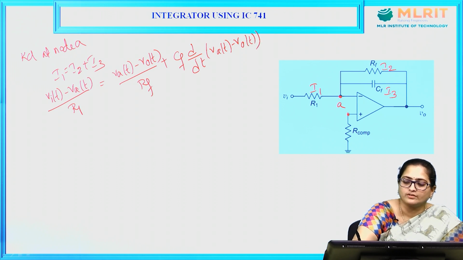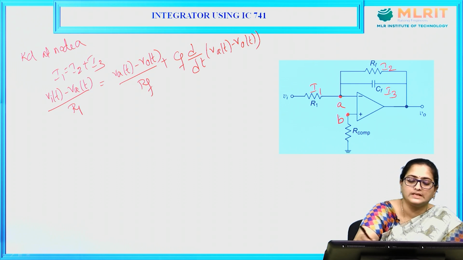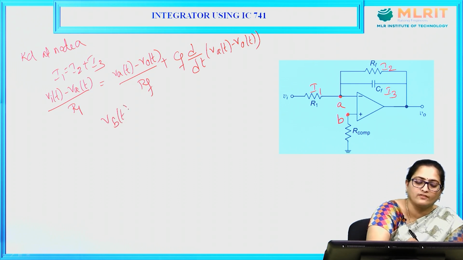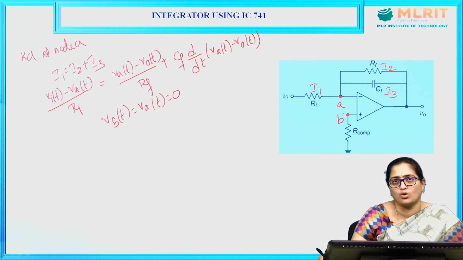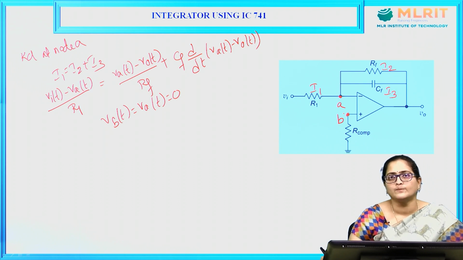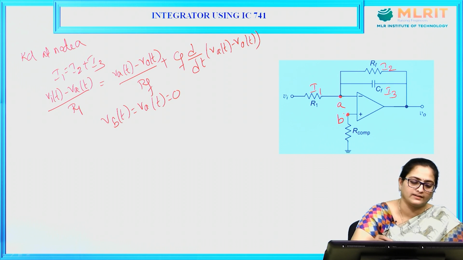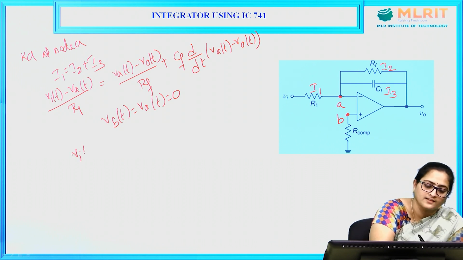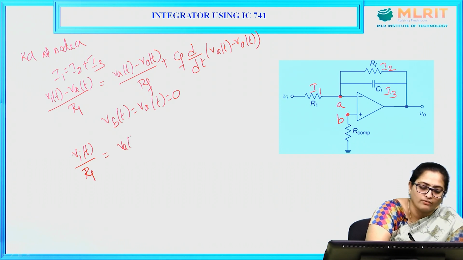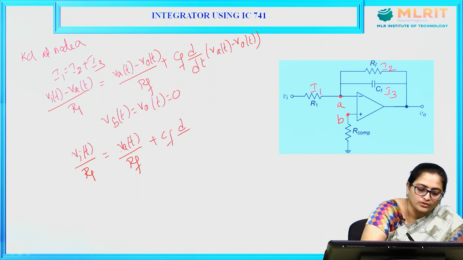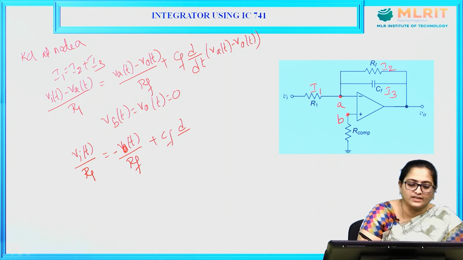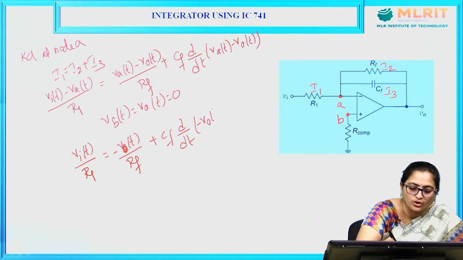And because of the virtual ground concept, the voltage at node B is 0. So the voltage at node A will also be equal to 0, because the voltage across this is very small compared to the input voltage. So you can neglect VB and you can neglect Va also, and you can rewrite this expression as Vi of t divided by R1 is equal to Va of t minus V0 of t divided by RF plus CF into d by dt into minus V0 of t.